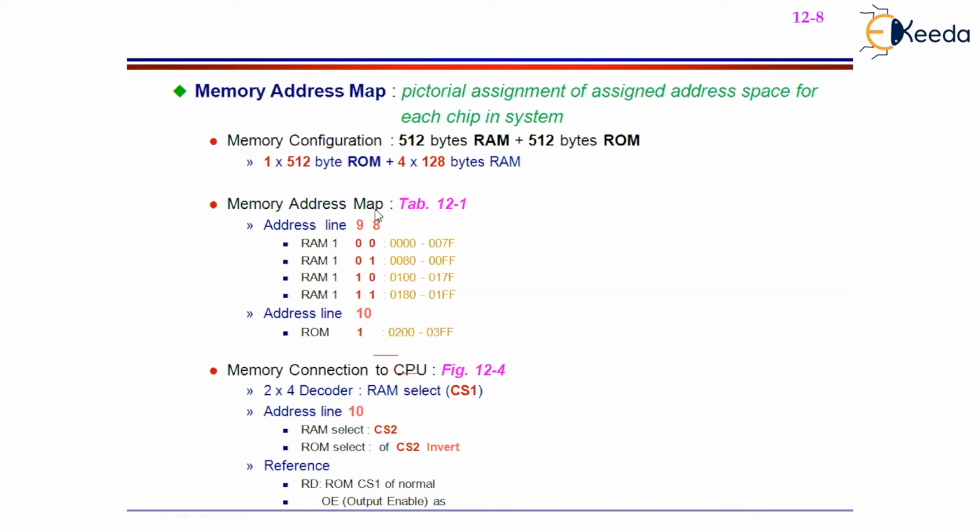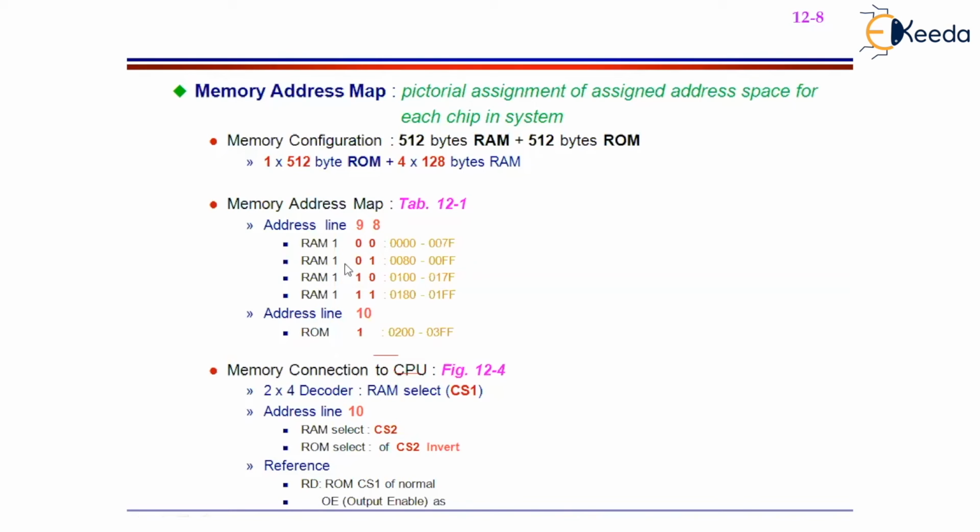Here, in the memory address mapping, the address bus is of 16 digits, because we need a 9-digit address bus but cannot organize one, so we take a 16-digit address bus, in which 7 are occupied for RAM's case and 9 for ROM's case. So the 9 and 8 digits are going to represent RAM 1, RAM 2, RAM 3, RAM 4.